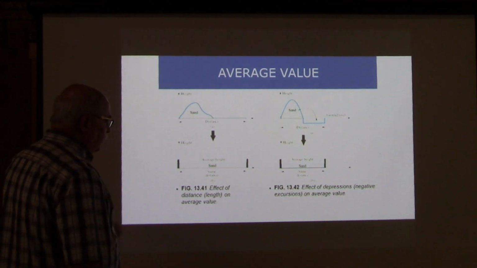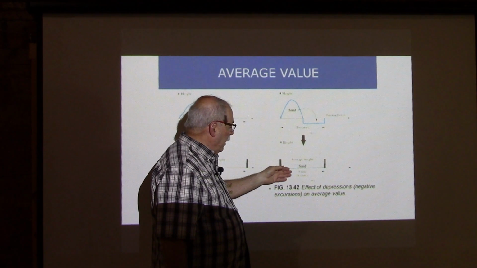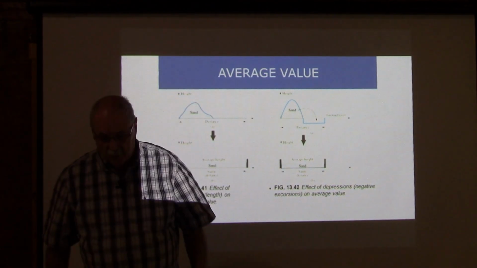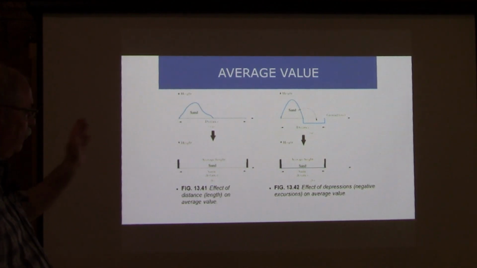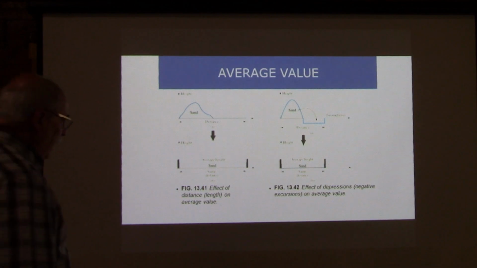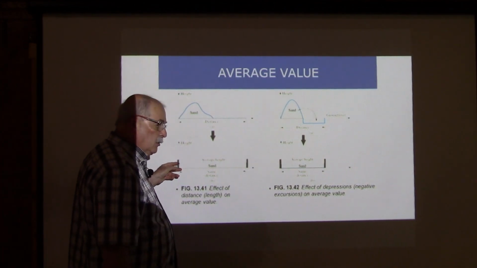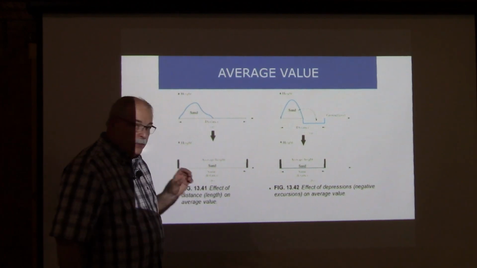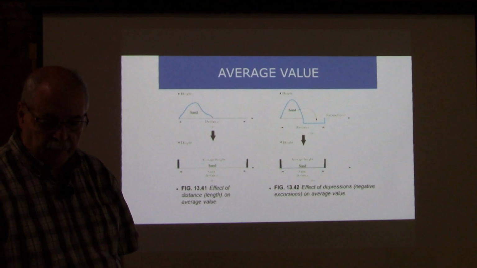You have to find the algebraic difference of what's up here and what's down here, and that gives you a different average as well. So if you don't have a complete sine wave going across, you only have a partial, these are considerations. This depth related to the sand is really the amplitude of the sine wave, or half a sine wave in this example.